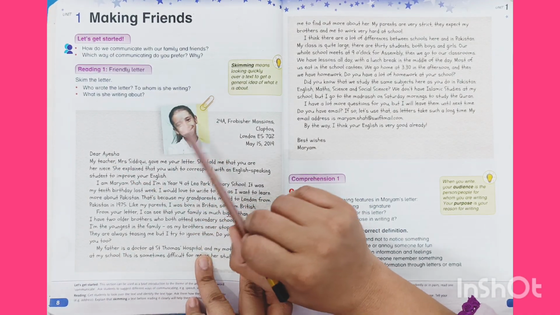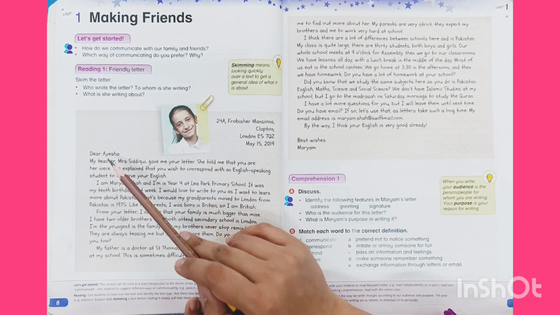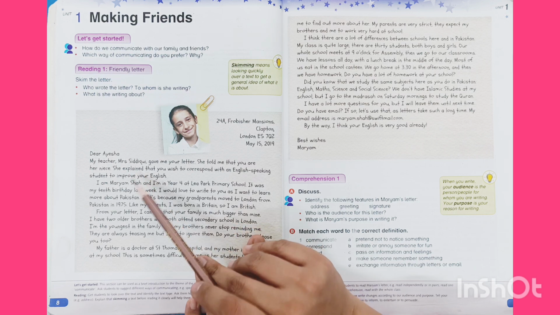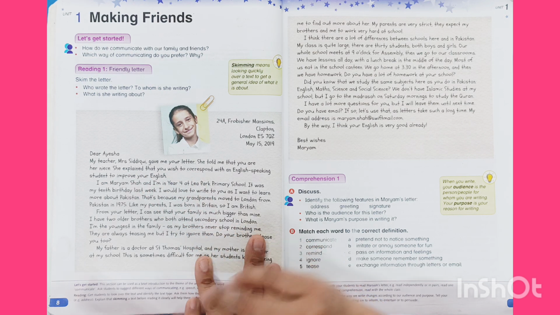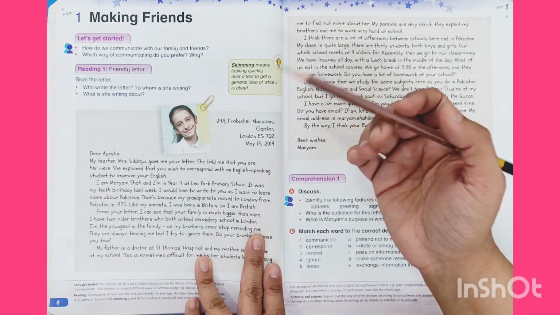Here is a picture of the girl who has written. Dear Aisha, my teacher, Mrs. Siddiqui, gave me your letter. So it means that this letter is actually the answer to a letter delivered to someone.